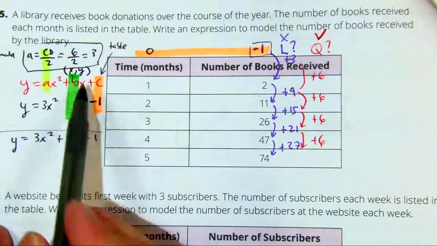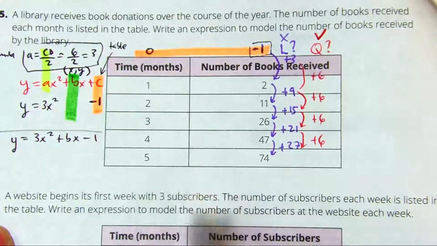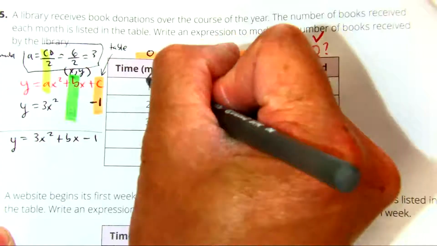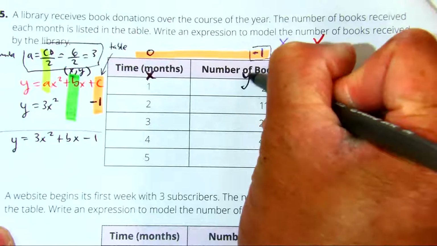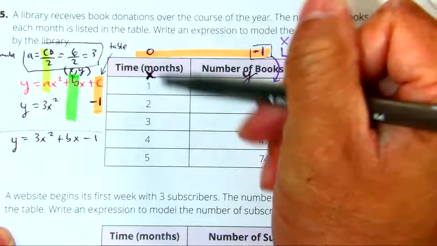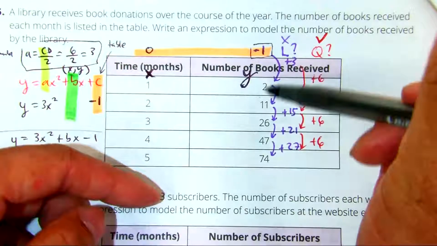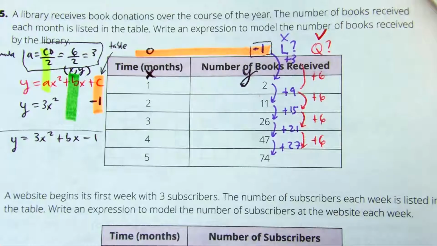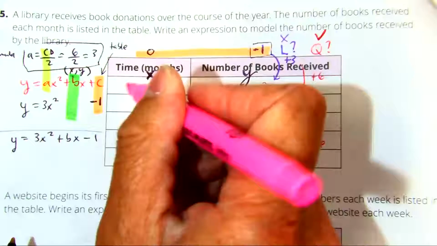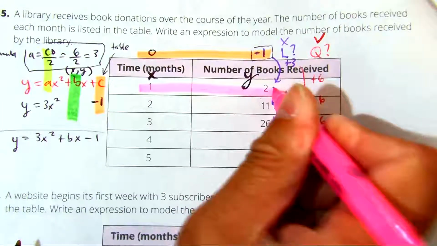And the order pair you can pick is any order pair you want, because this is really an x, write that, x, and a y, write that. This is an order pair, right, x comma y. And so you can pick any order pair you want. I'm going to pick this one, 1, 2. And you might be asking, why did you pick that one, Mr. Ng?